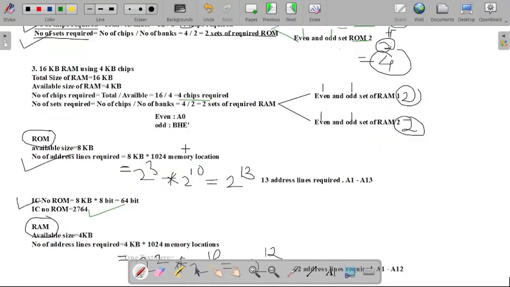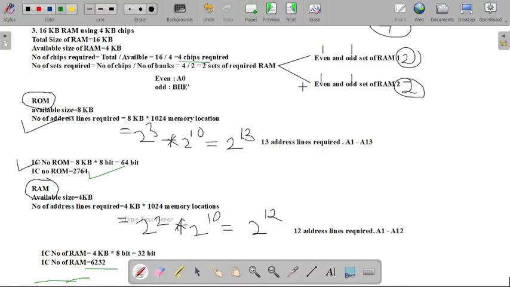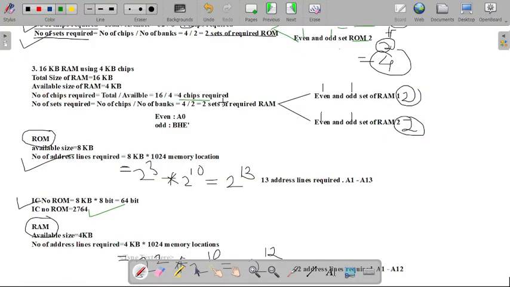Here also in the case of RAM structure, we require 4 chips, and there will be 2 sets available. That is even for RAM 1, then odd for RAM 1, and next even for RAM 2 and odd for RAM 2. So a total of 2 even chips will be required for RAM and 2 odd chips will be required for RAM.